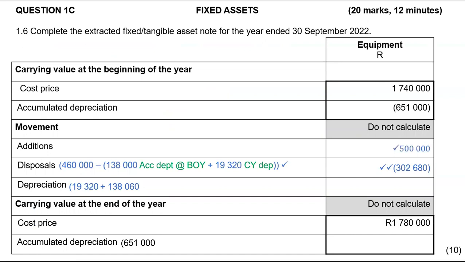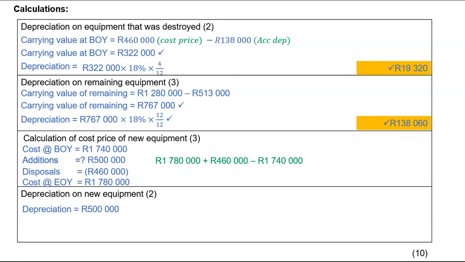But then how do we depreciate it? It is cost minus accumulated depreciation. But how much is the accumulated depreciation of this new equipment? It's 0. So the carrying value at the beginning of the year, it wasn't there. We only started having it on the 1st of February.